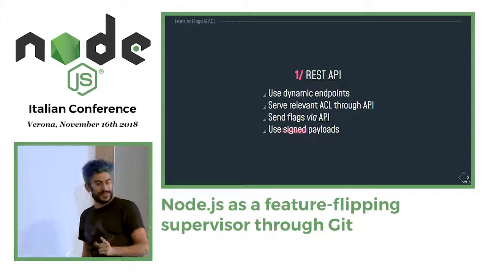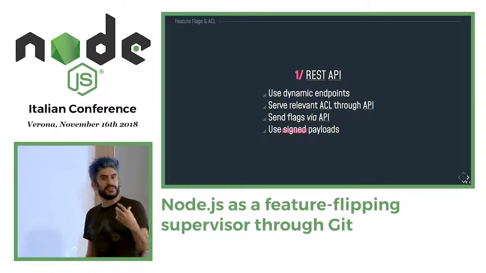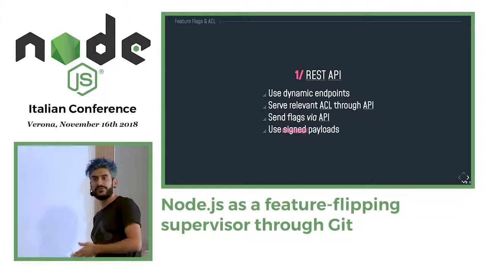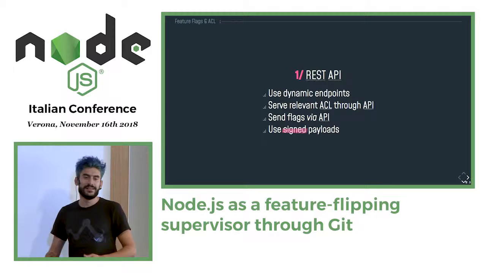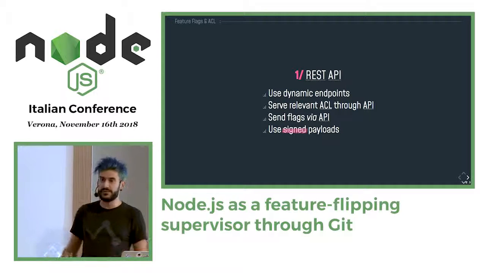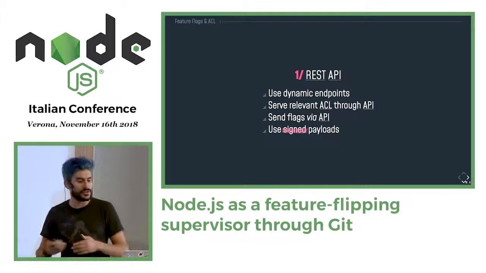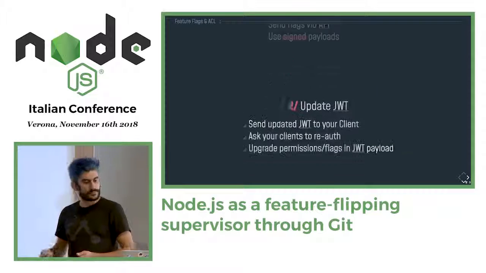You use a signed payload to do that, because your whole payload contains your ACL and your feature flag list. So if it's intercepted and a malicious user wants to modify it to access some features that he's not allowed to access, you have to prevent it. And to prevent it, a signed payload is the best solution, because it can't modify the payload, the ACL and the flags without modifying the signature. So it's a good way to prevent any malicious access.